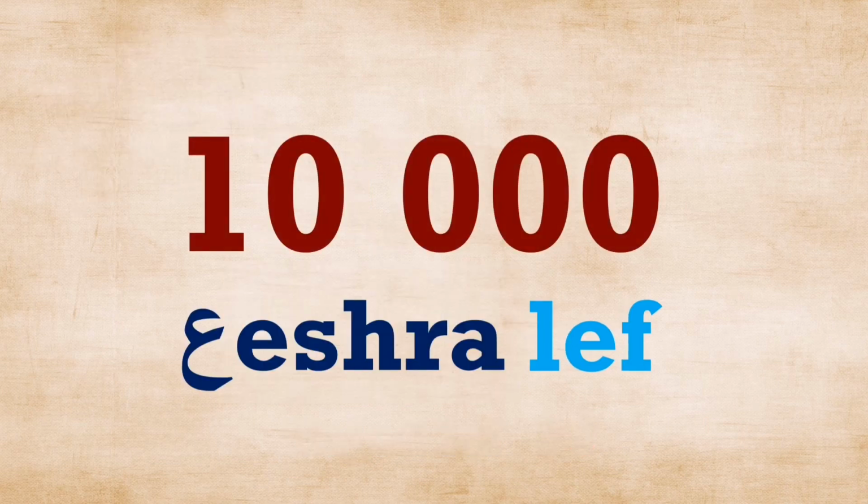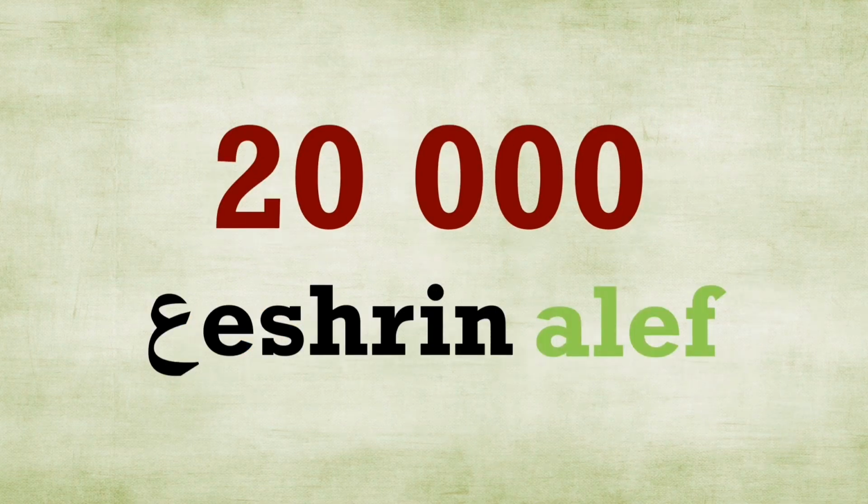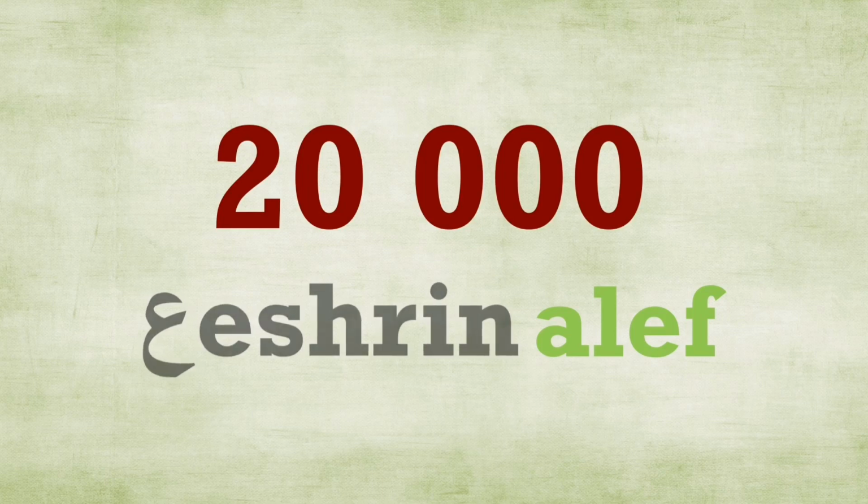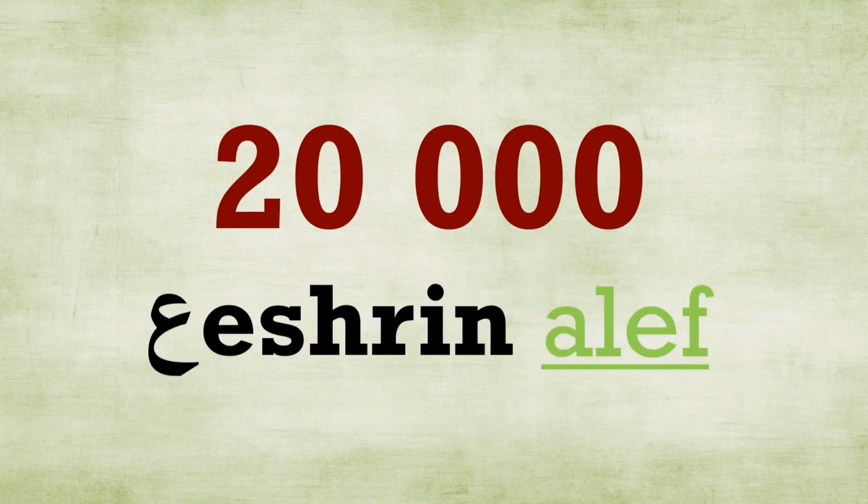10,000. Again, 10,000. So the word 10 means 10. Now we are going to see numbers in 10,000s. 20,000. Let's repeat. 20,000. So we have the word 20, and then 1000.